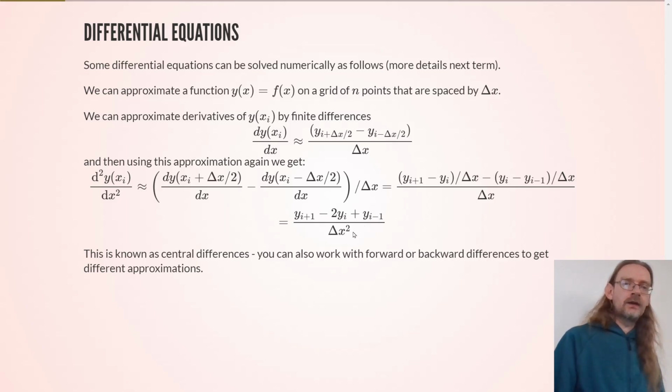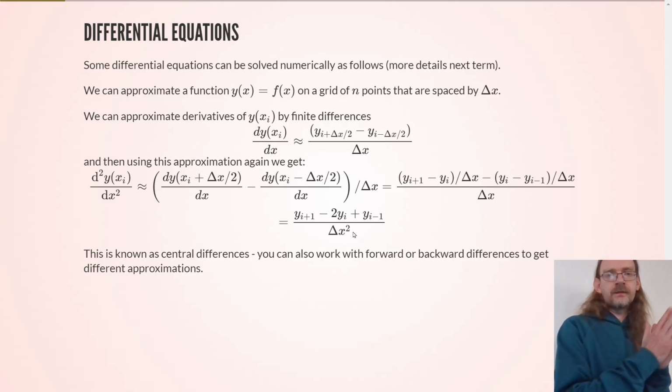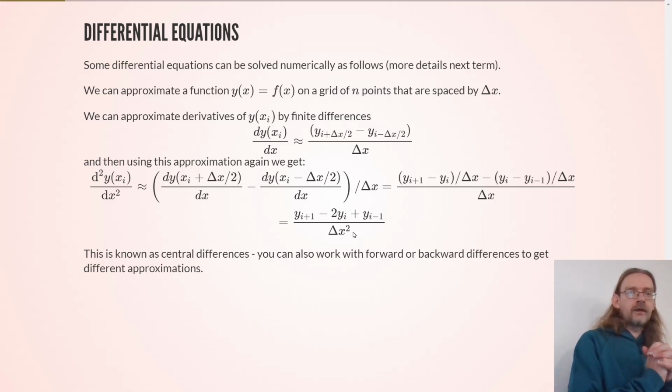That's a so-called central difference approximation to this second derivative at that point. Does that make a little bit of sense to people? It's probably worth writing that out on paper for yourselves.